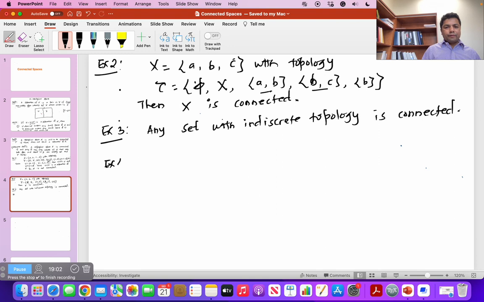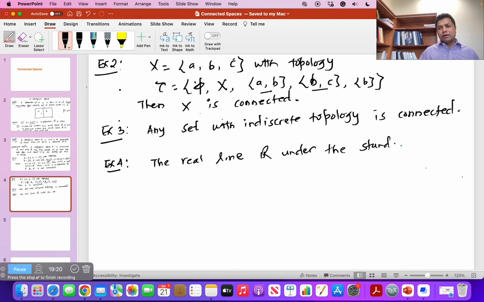Example number 4. The real line R under the standard topology is connected. This is again by the second definition of connected space.